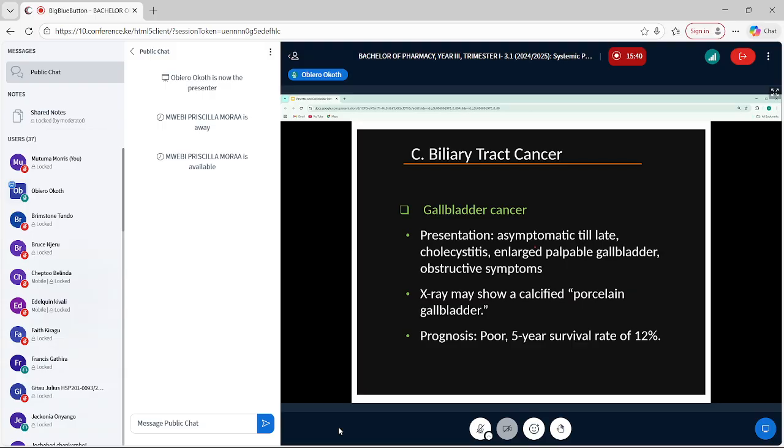What you find is that they're normally asymptomatic until very late. They might present with some features of cholecystitis, so they're sometimes taken as cholecystitis. These are diagnoses we make at histopathology.